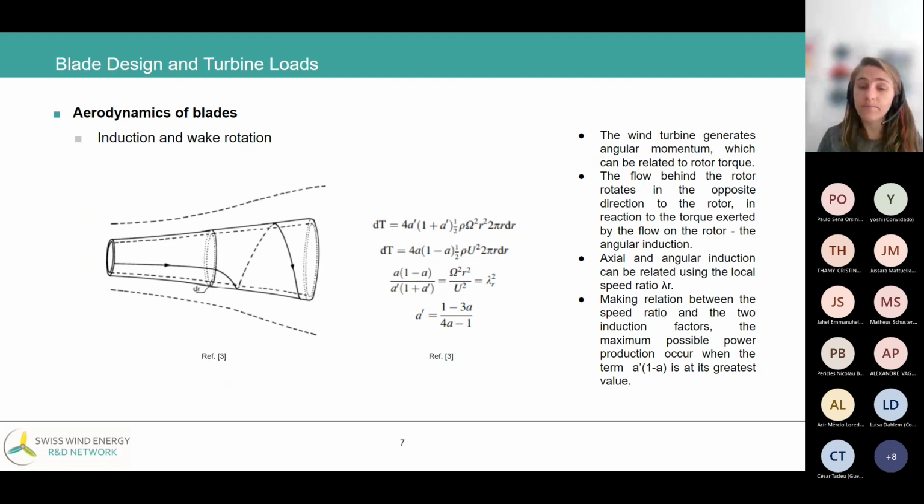This is a powerful number that we always need to remember, because we can derive and transform a lot of equations using this local speed ratio.